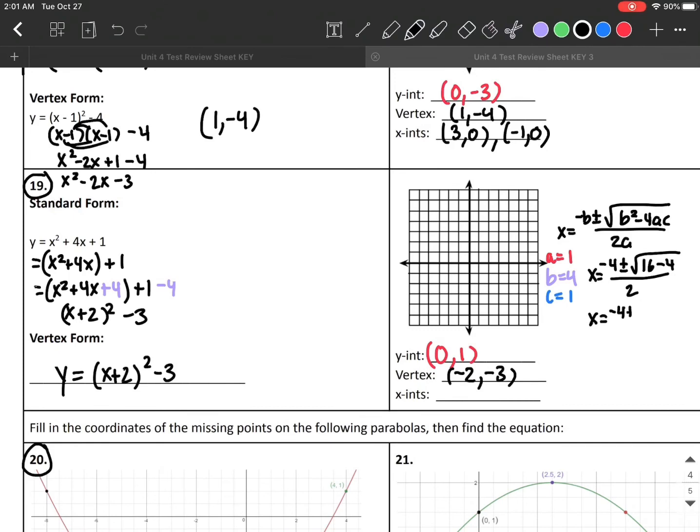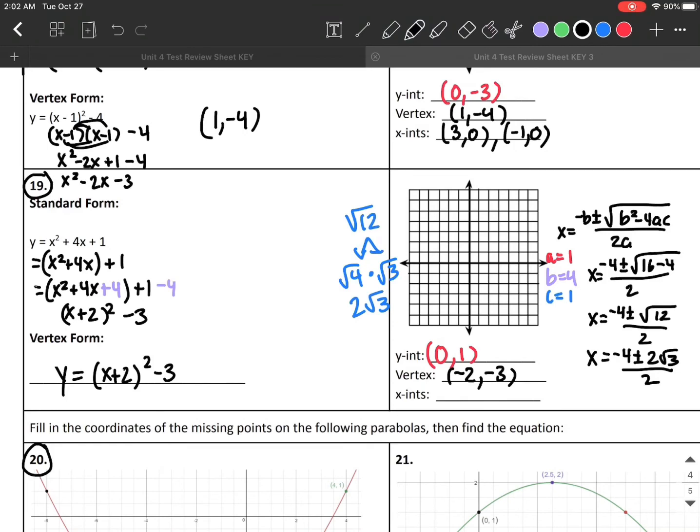And then I simplify what's inside of the square root, and I get the square root of 12 over 2. You can simplify the square root of 12 by taking out the square root of 4. So the square root of 4 times the square root of 3 gives you 2 square roots of 3. So really here I have x is equal to negative 4 plus or minus 2 square roots of 3, all over 2.